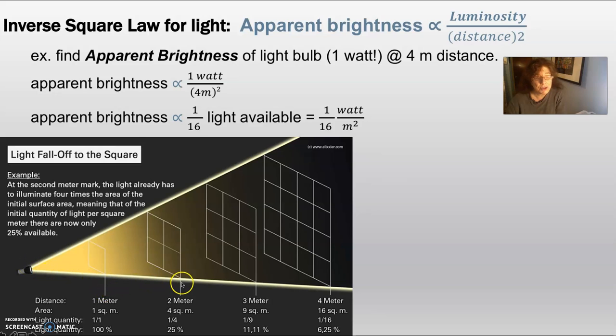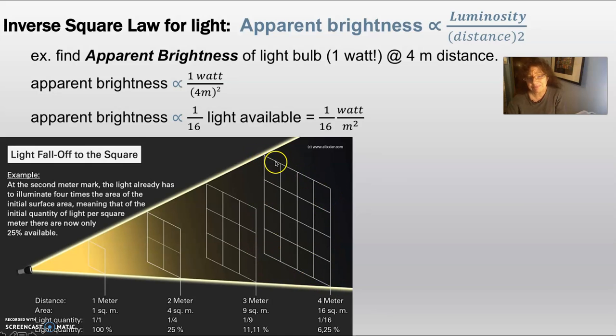There's 1 meter, 2 meters, 3 meters, 4 meters. How much apparent brightness is going to fall on one of those blocks? It's actually going to be 1 watt per 16 meters squared. Okay, does that make sense?